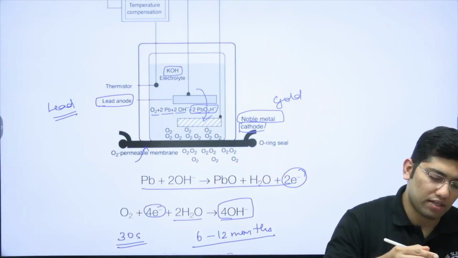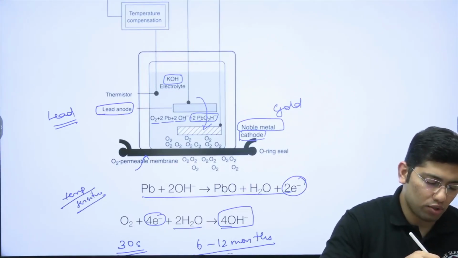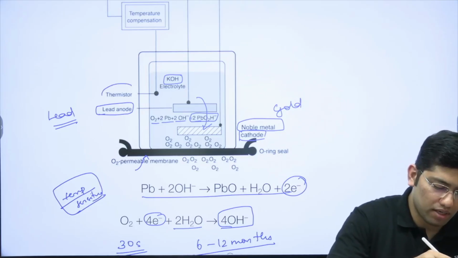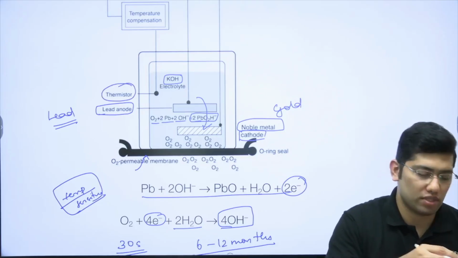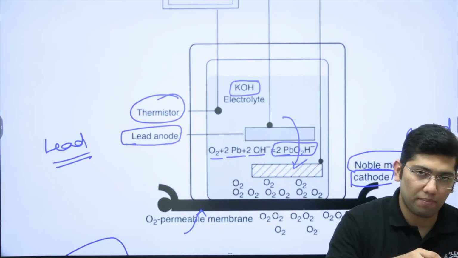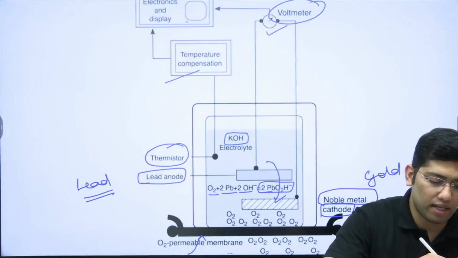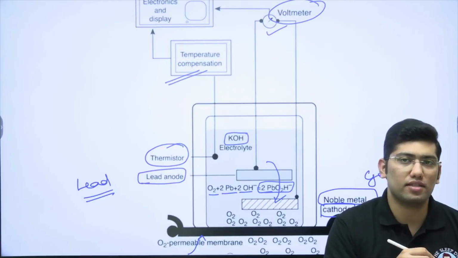And this reaction is a temperature sensitive reaction. So to measure the temperature, here one more component is there, which is called the thermistor. This thermistor measures the temperature, and in case temperature fluctuates, there is an external temperature compensation in this electrode.